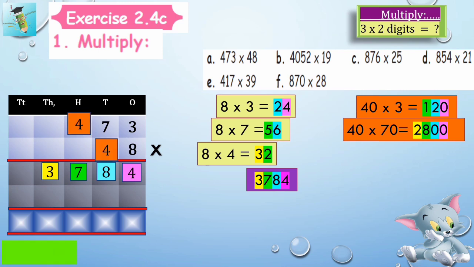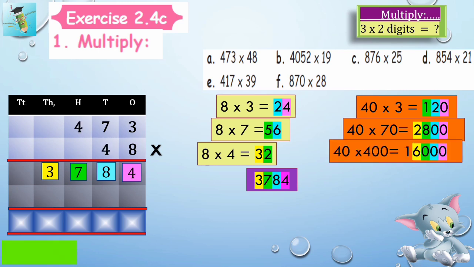Then 4 4s are 16, but we are going to multiply 40 and 400. So 4 4s are 16 came, isn't it? So how many zeros are there? First one has a zero and the second has 2 zeros, isn't it? So totally how many zeros are here? Good. So 3 zeros are there, isn't it?